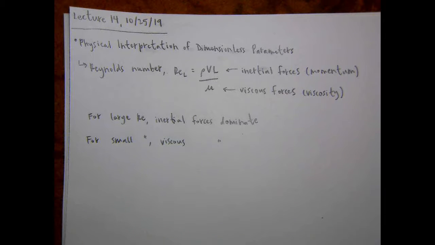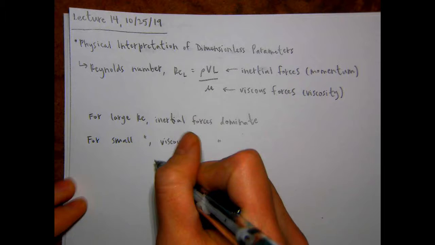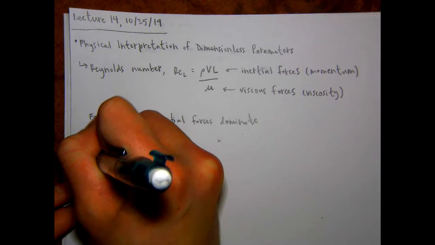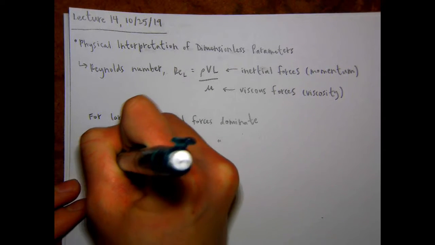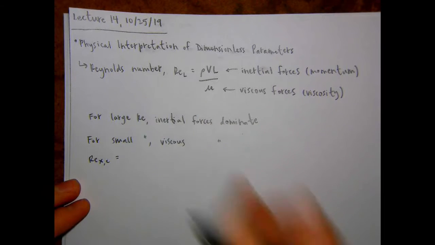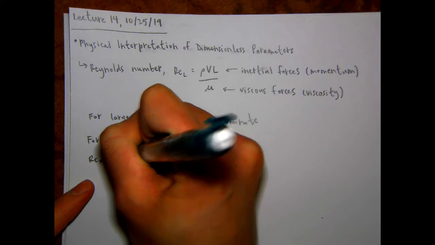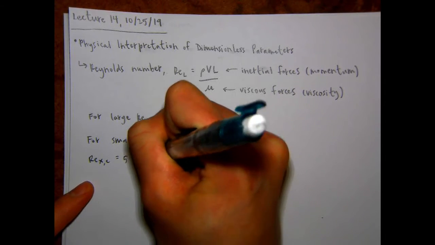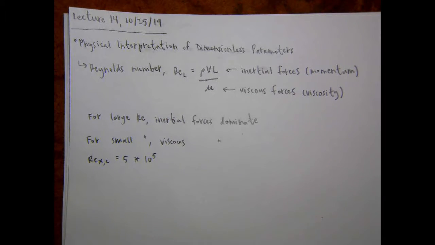Can you just remind me what we define as large and small for Reynolds numbers, or is it dependent on the material? We said the critical Reynolds number, the Reynolds number at which the transition to turbulence will occur, is 5 times 10 to the 5th. I think that's right.